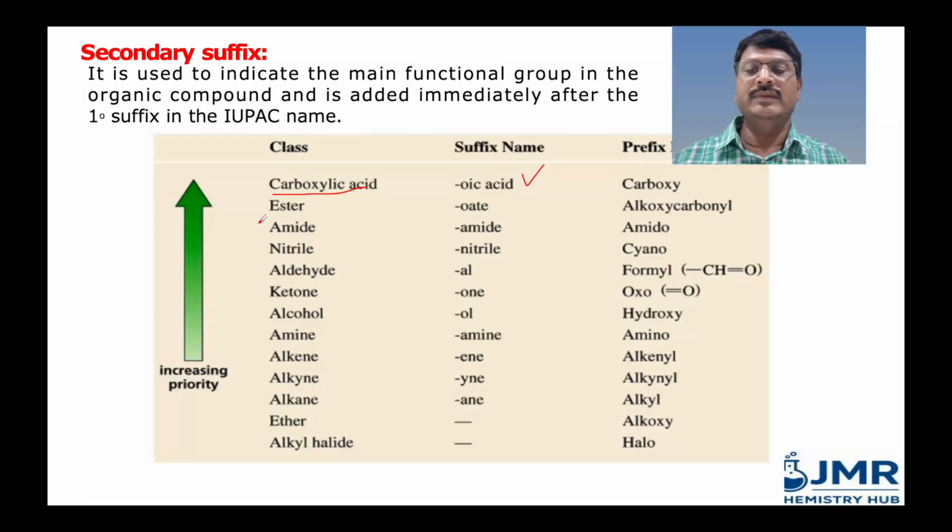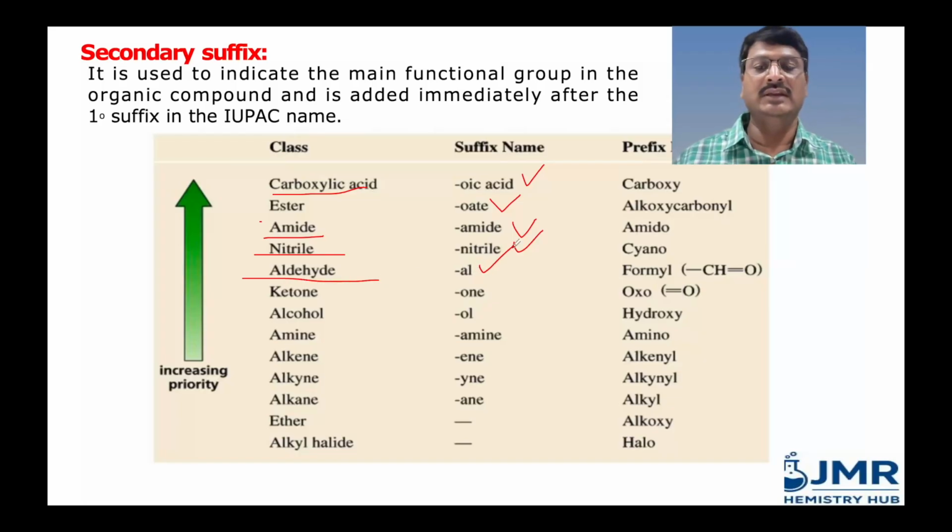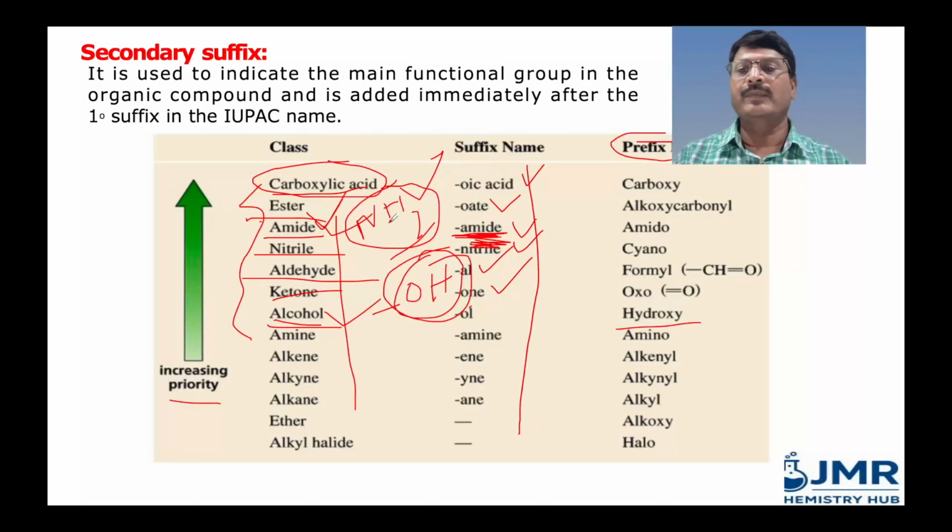If it is an ester, the suffix word is "oate." If it is an amide, the suffix word is "amide." If it is a nitrile group, the suffix word is "nitrile." If it is an aldehyde, the suffix word is "al." If it is a ketone, the suffix word is "one." So the secondary suffix depends upon the functional groups present in the compound.